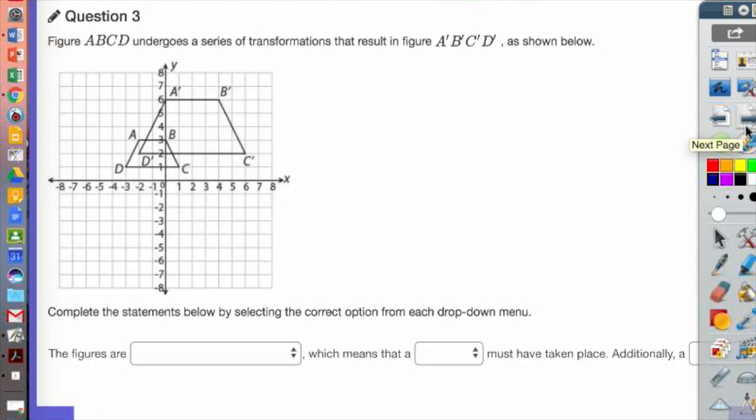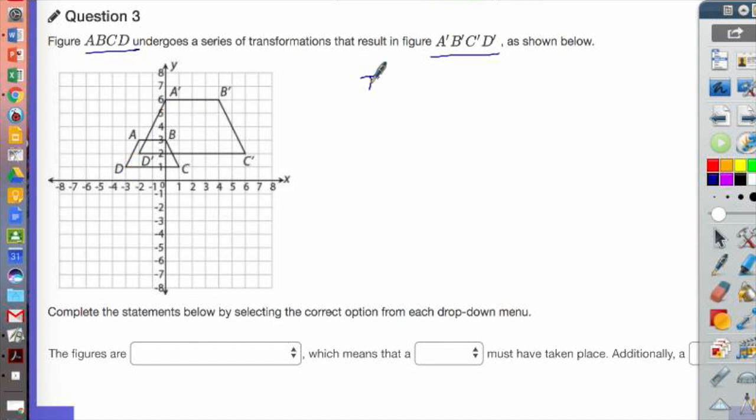Question 3. Figure ABCD undergoes a series of transformations that result in figure A prime, B prime, C prime, D prime, as shown below. Okay, well, we have an original. This original figure is very, very small, and then the image is much larger.